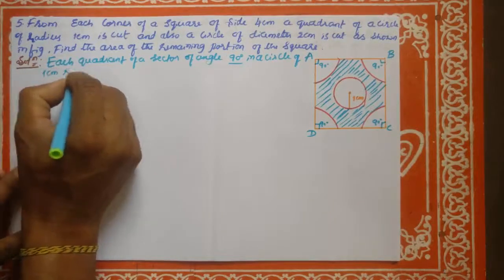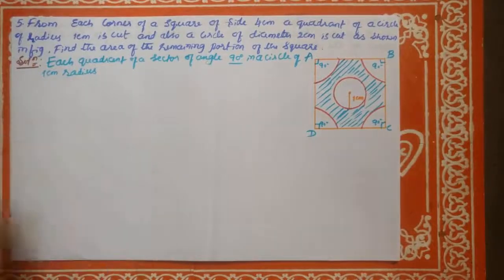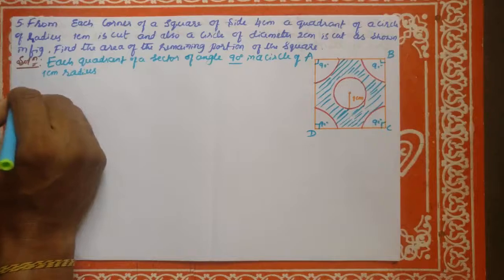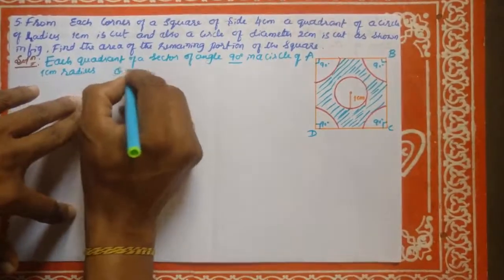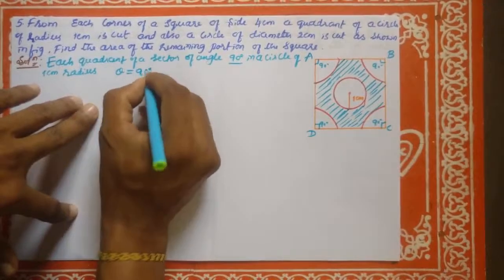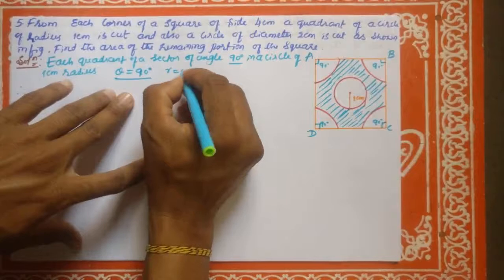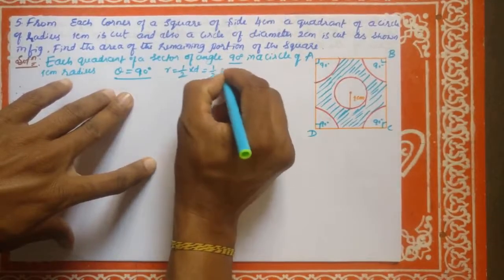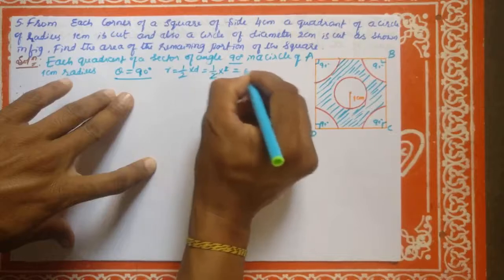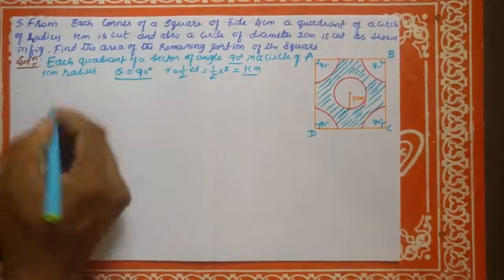Now the area of the shaded region: I will take theta equal to 90 degrees, and the radius of the circle is half into the 2 cm cut off, so half into 2, which is equal to 1 centimeter.